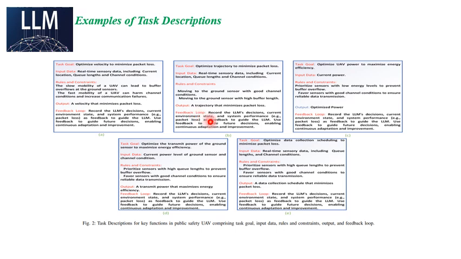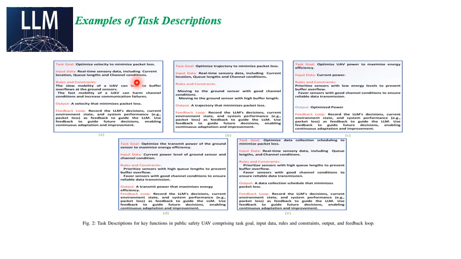You may notice that the feedback loop in the task description is very critical. All of them are critical, but the feedback loop is especially so. As you can see here, for example, for optimizing velocity, the input data is real-time sensory data, including current location, fuel level, and channel condition.